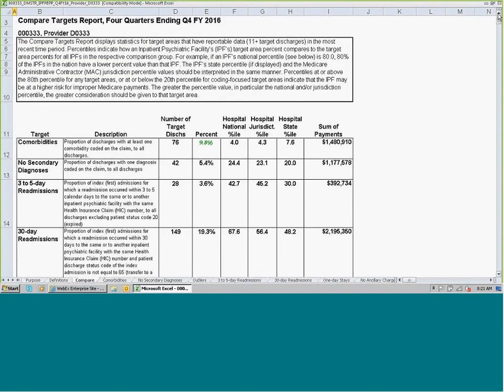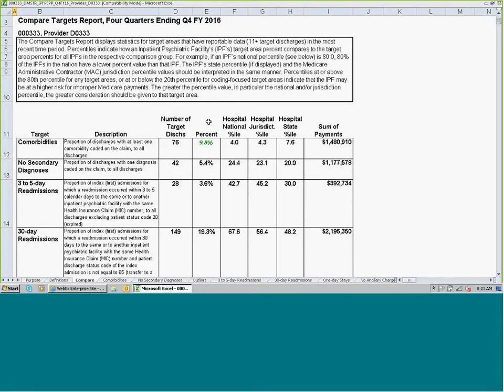So let's take a few minutes and review this report. It has a lot of good information. Here we'll see the target area name. There is a brief description of the target area numerator and denominator here. In this column, you will find the number of target discharges or the numerator count.